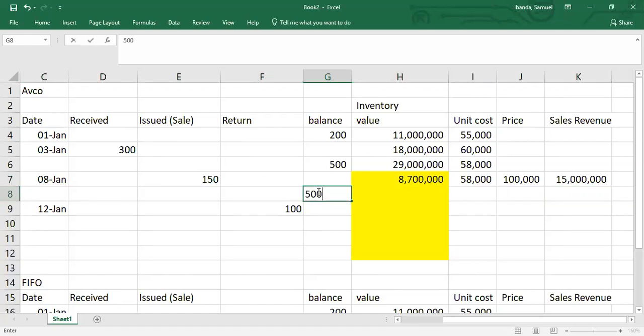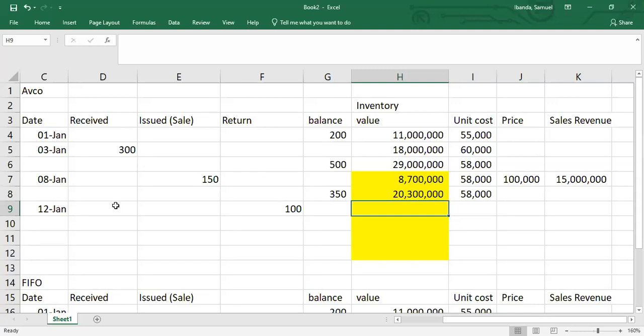So we shall remain with 350, I think. Okay, that is what we shall remain with. And the value of what we shall remain with is still valued at what? Is still valued at 58, the unit cost. Because remember, we are looking at average.